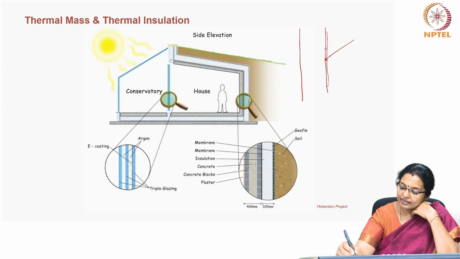This air transfers the heat to the first layer of the building material. This first layer gets heated up and it transfers it to the second layer of building material. This transfers it to the third layer, and so on and so forth.